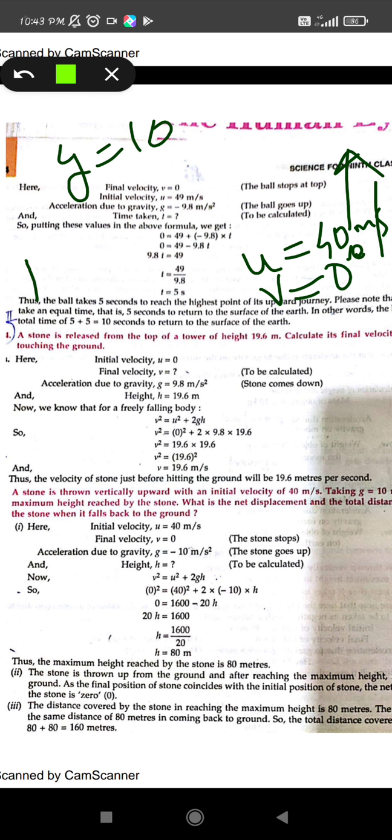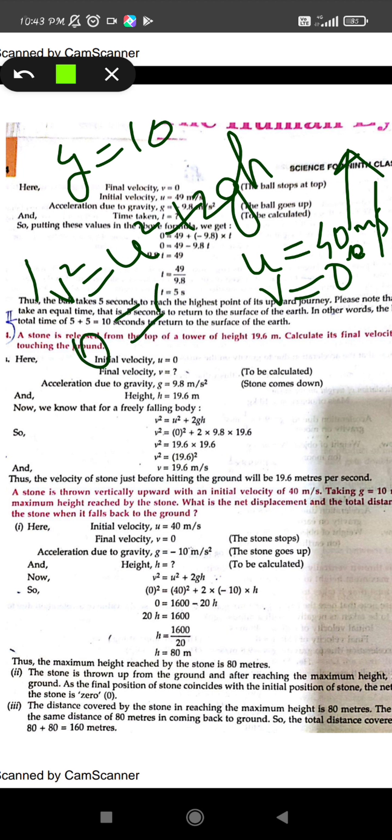So we have the values to find h. It is either the second equation or the third equation of motion. But in the second the time is used, and in the third equation time is not used. So here we will be using the third equation of motion. v² = u² + 2gh. For v it is 0, for u it is 40² plus 2gh.